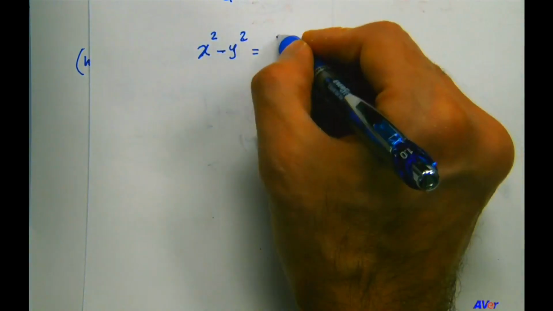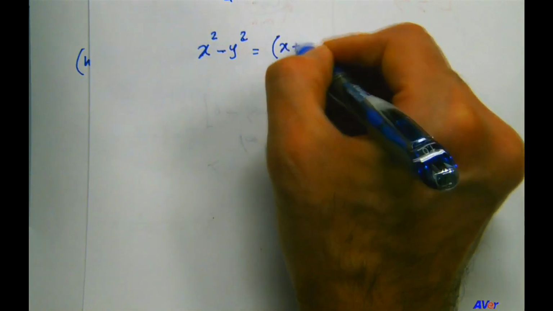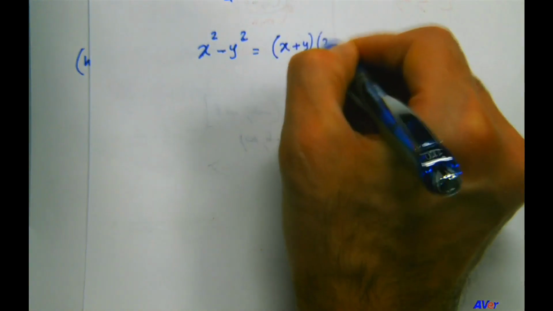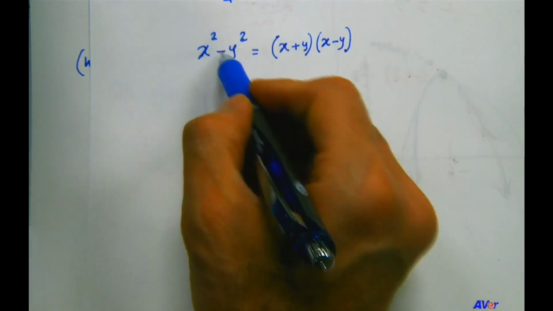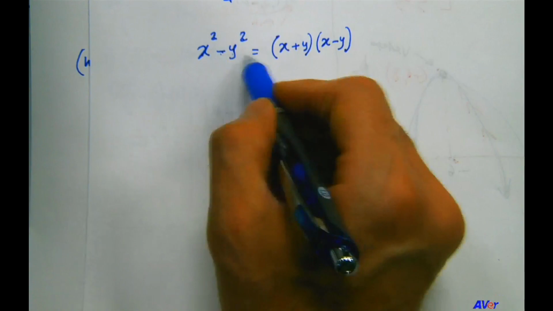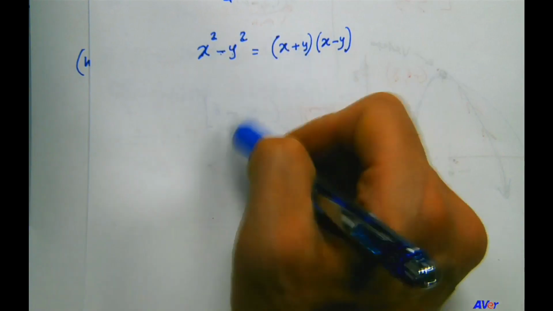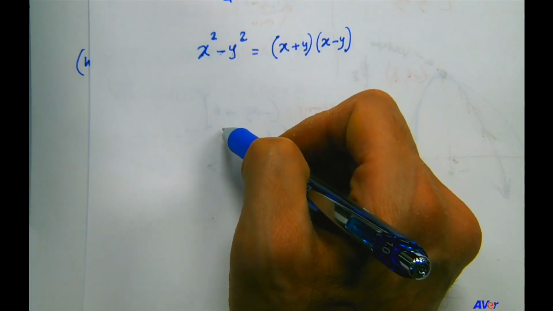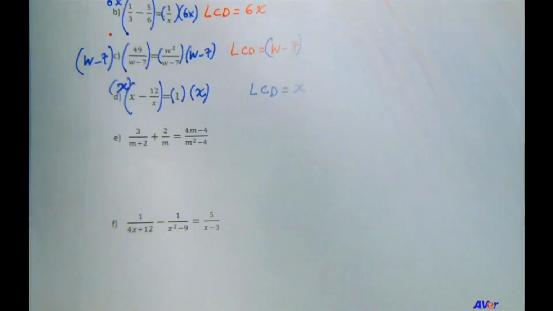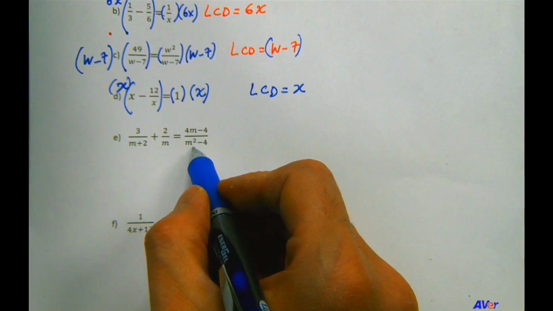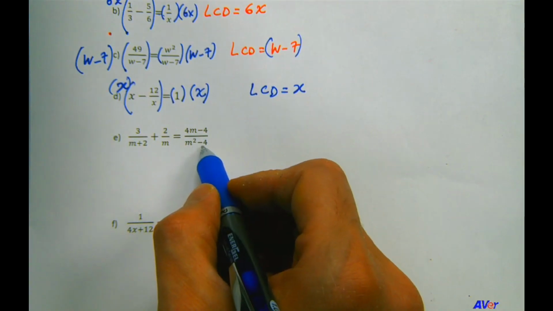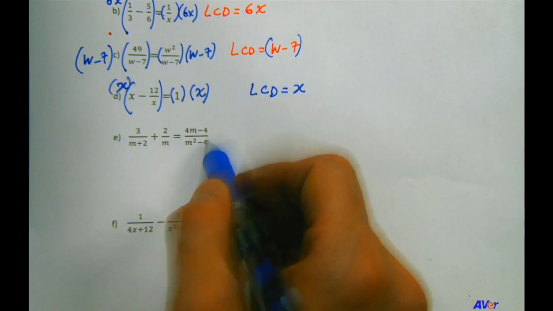So this will factor into x plus y times x minus y. Every time you have a perfect square minus another perfect square, you can factor that expression into this. Okay? So, m squared is a perfect square. 4 is also a perfect square, right? 4 is 2 squared.